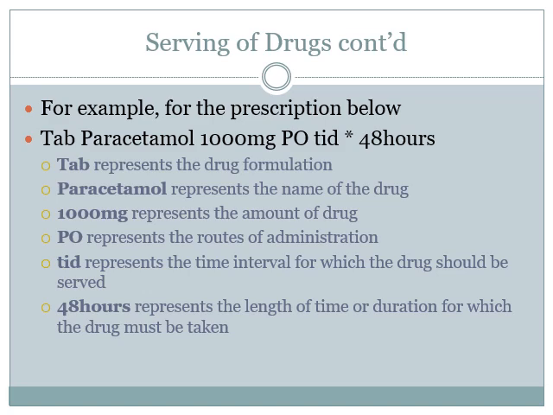So if they say 3 times a day, you should give it 3 times in the day, and the day is like 24 hours, so you just divide it into 3. If we have 24 hours in a day, the drug should be served every 8 hours. Don't worry, you will understand it more. Then 48 hours tells us that the doctor is saying to give the drug for only 48 hours, or only 2 days.